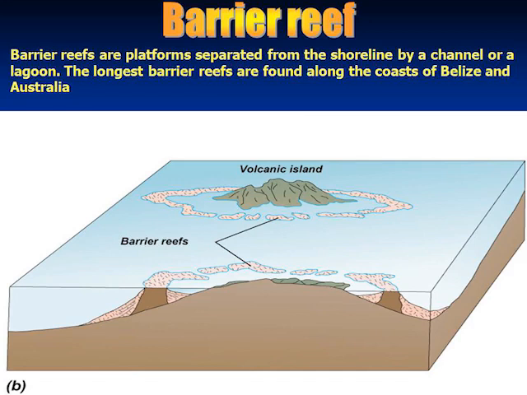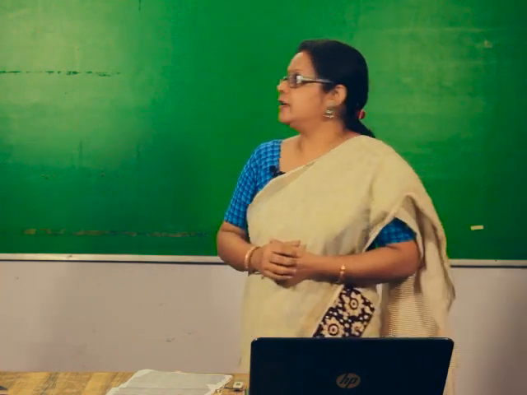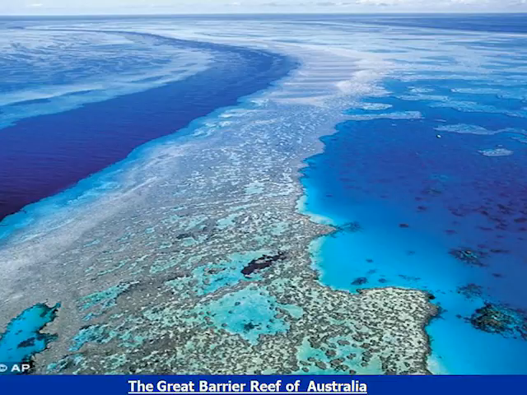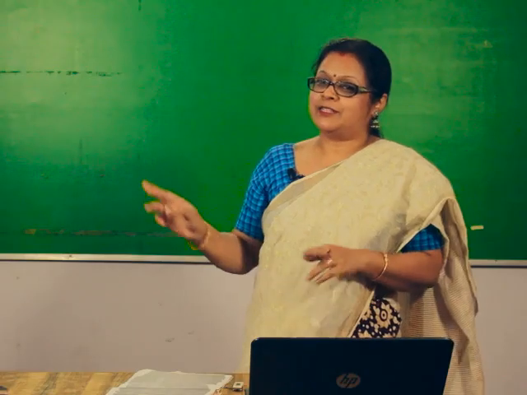These land portions are almost submerged within the sea level, and with their growth over time they come up to the sea level, and the reef portions are shown. In between this reef there are some portions called the lagoon. And here is a beautiful picture of the Great Barrier Reef of Australia. We hope we will someday go there to have a close look.